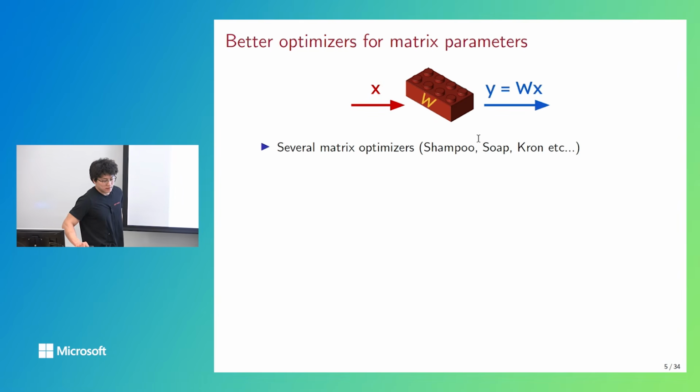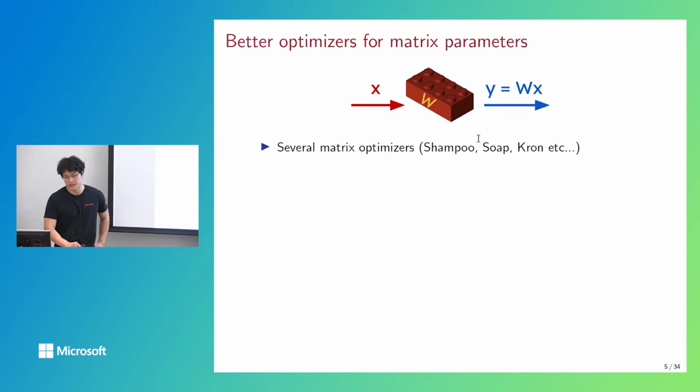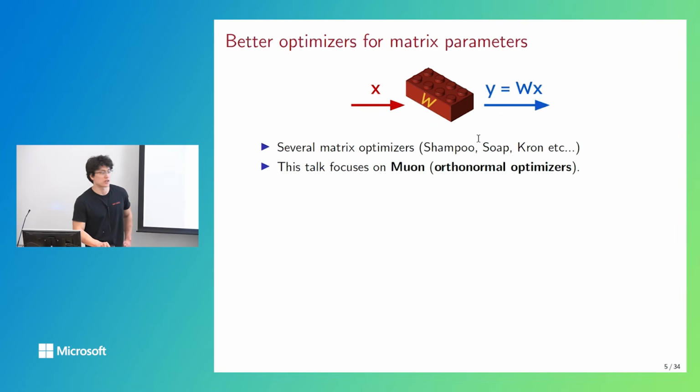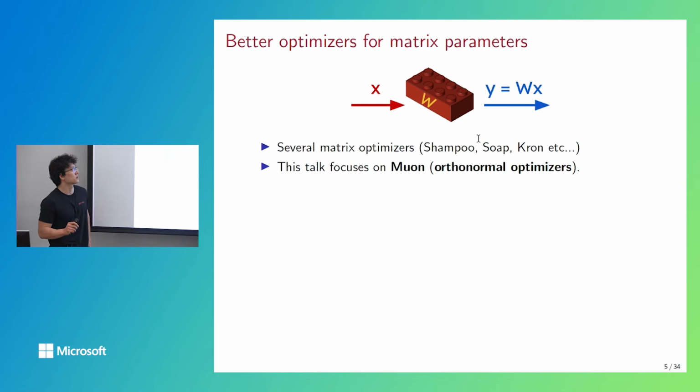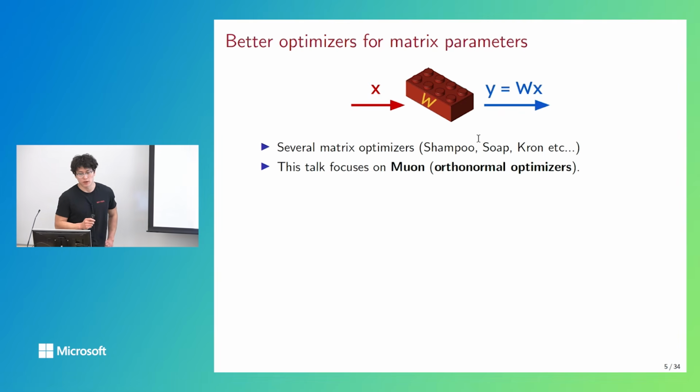So in fact, this question has been explored several times in the literature, and there are by now several matrix optimizers. But today we're going to focus on orthonormal optimizers, or widely known as Muon.